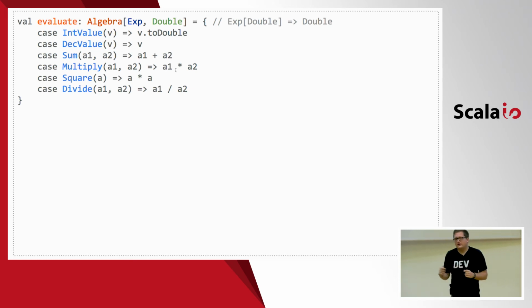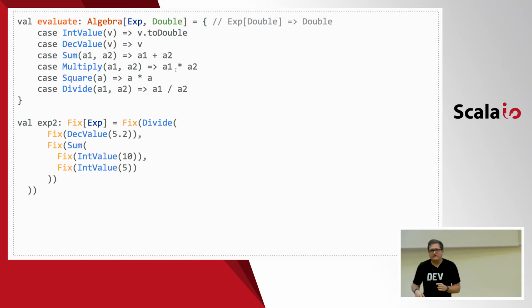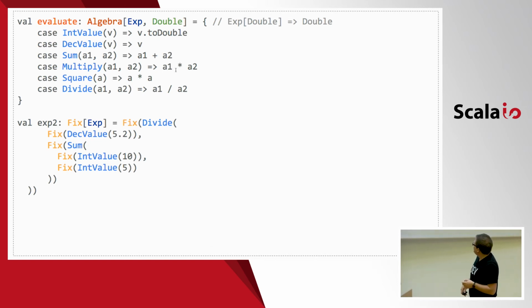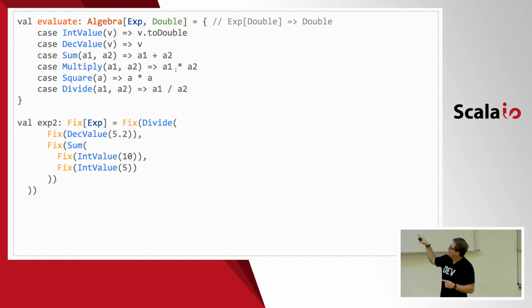So now let's have an example. With evaluate, we can take one of the examples we created before. This is an expression that divides a few numbers, with a sum and a decimal value in between. If we would like to run this evaluate on this expression, we use the library Matryoshka, which provides all those recursion schemes, all that machinery for you.